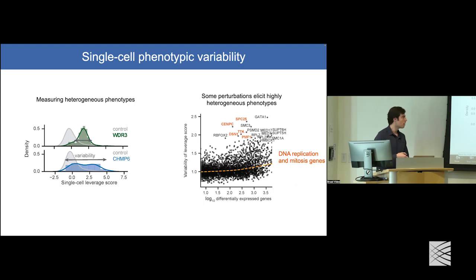Something that stood out to us is that when we look at the number of differentially expressed genes, which correlates almost perfectly with the average leverage score, and then we compare that to the standard deviation of the leverage score, there are some genes that really stand out as having a very large amount of single-cell variability relative to the mean transcriptional change.